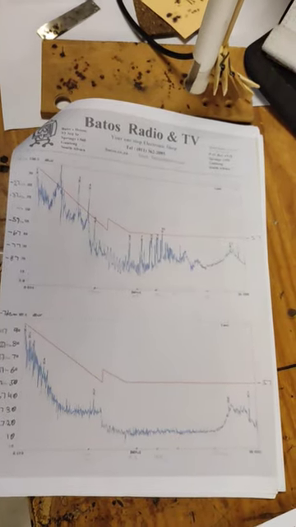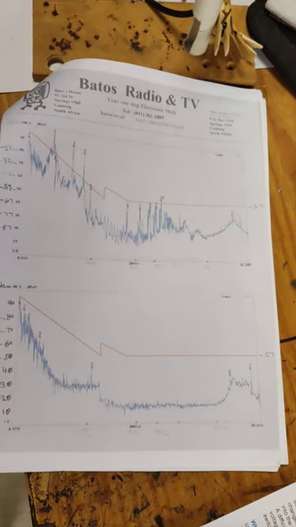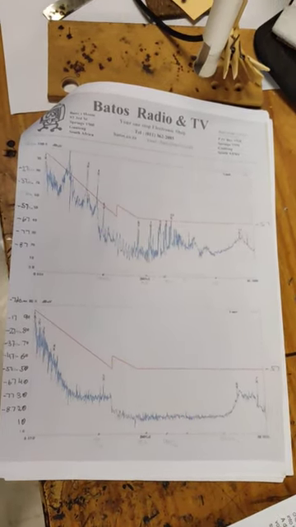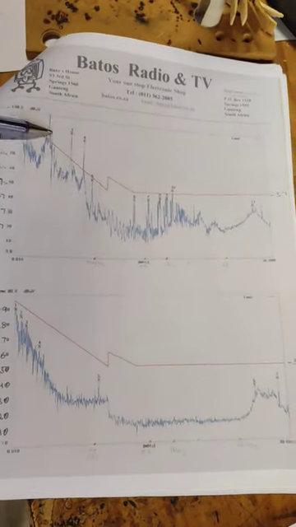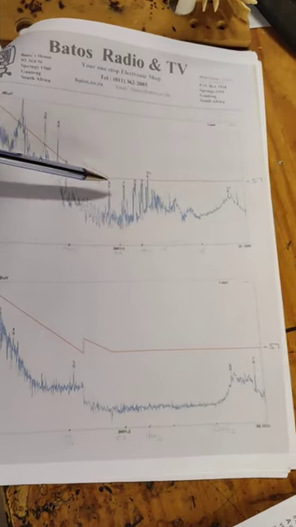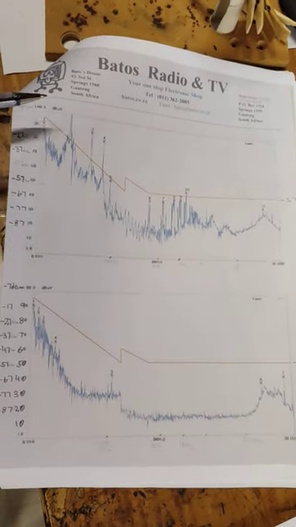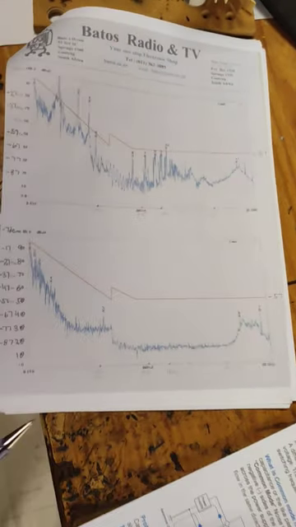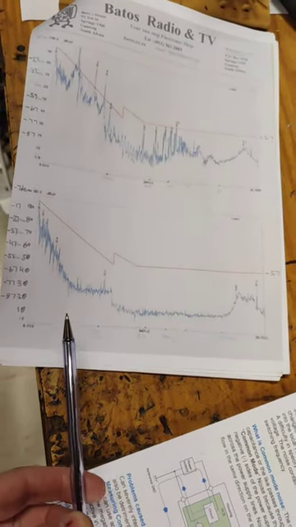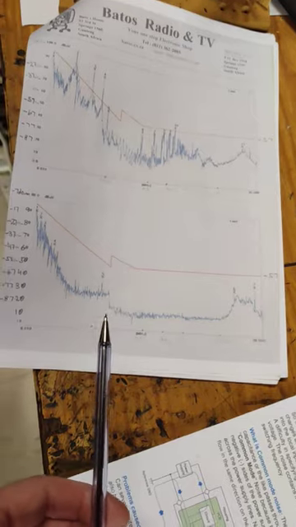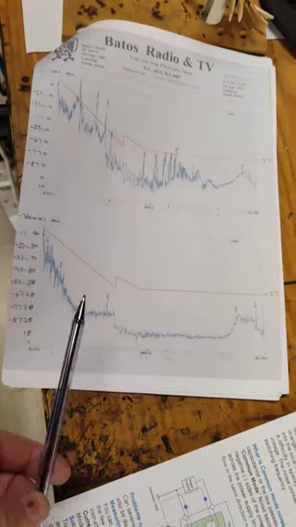The idea is to remove any signal above and bring it down below the actual red load line from 0 to 30 megahertz. And that's what I have done by using different filtering techniques and different ways of suppressing common mode noise and differential noise, of course.